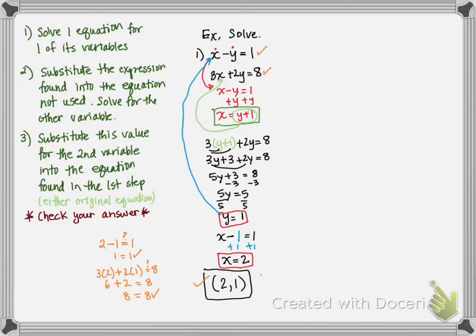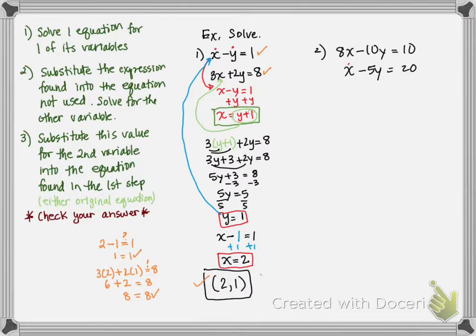All right, let's do one more. And let's do this one: 8x minus 10y equals 10, and x minus 5y equals 20. Okay, so in this equation, I only have one variable that doesn't have a coefficient.